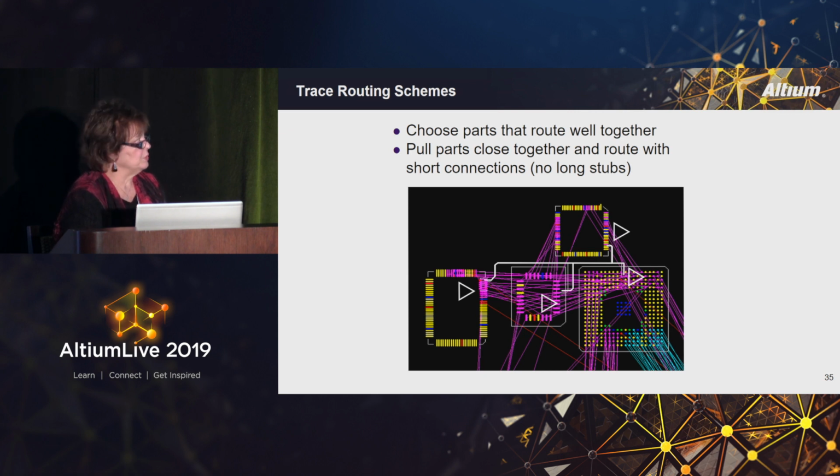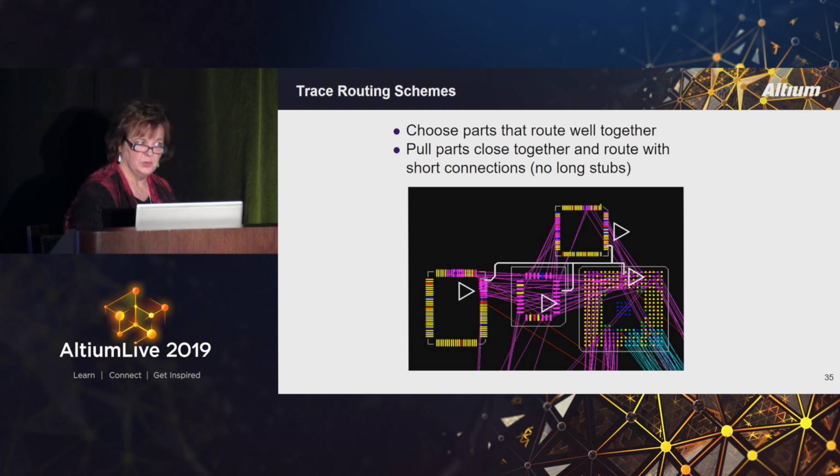One of the things that's important to do when you're choosing parts for your board is to try to choose parts that work well together. If they have buses that go between them, for example, you have a purple bus on this part right here, and it goes to almost all of the pins on this part, and then it goes to this group of pins up here, and it comes up here, and nothing's going to flow well because they're all different sizes and shapes.